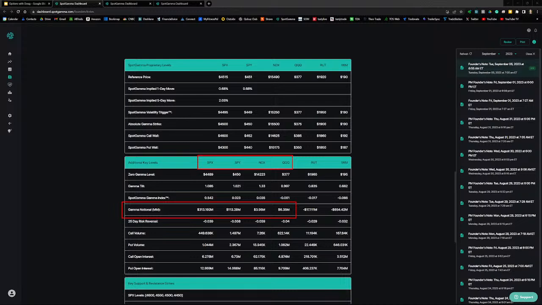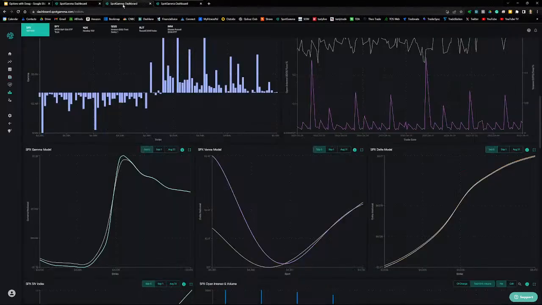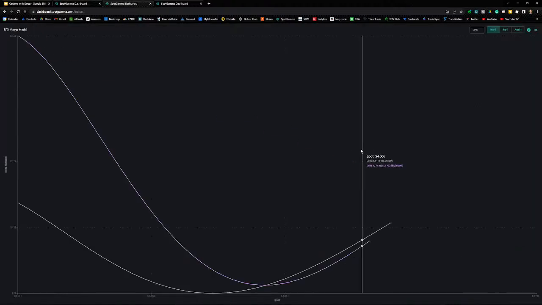For SPX and SPY, gamma notional did increase from last Friday, and for SPX and QQQ, gamma notional decreased from last Friday, but again, all still positive. The main takeaway from this right here, we can take a look at the Vanna model, and I'm going to look at SPX.